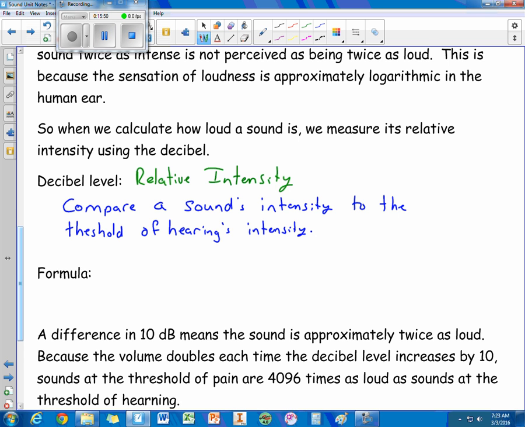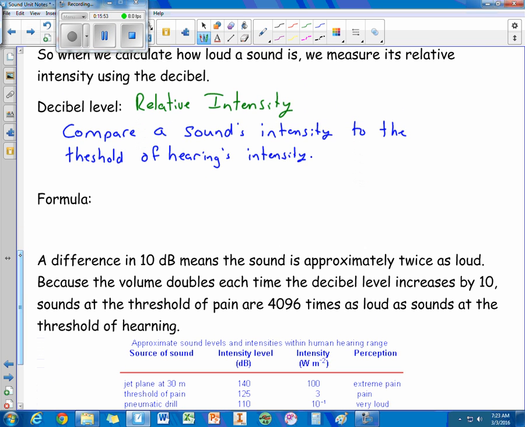So the way we calculate decibels, so the volume, which is measured in decibels, we use a lowercase d, a capital B for that.